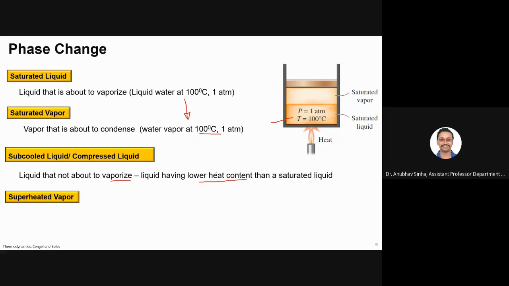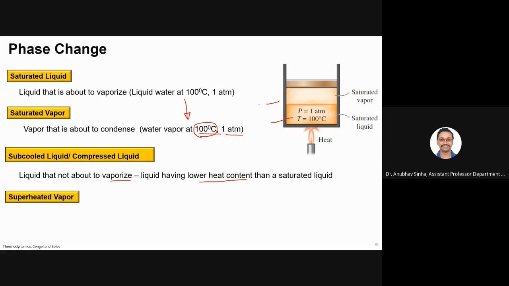Now, once you start heating, you just get saturated vapor at 100 degrees Celsius, 1 atmosphere. Now, I will keep on heating it. Let us say everything has become vapor here, and I kept on heating it. I did not stop heating, so it will get higher than 100 degrees Celsius. Let us say all the water here is evaporated and it is at 150 degrees Celsius.